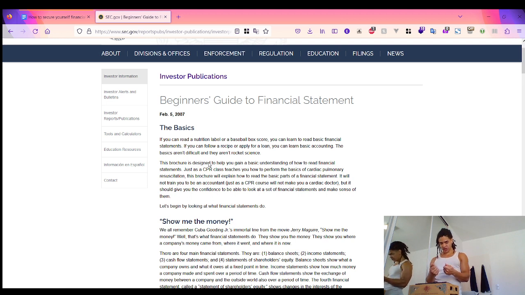And then the shareholders' equity, which shows the total amount owners invest in the company stocks plus or minus the company's revenue or losses, right?